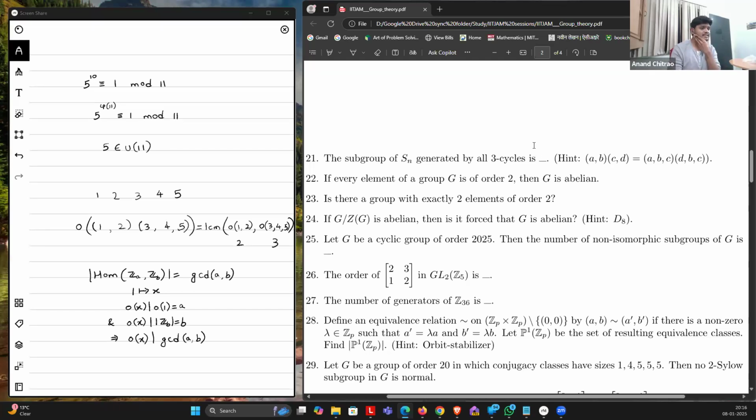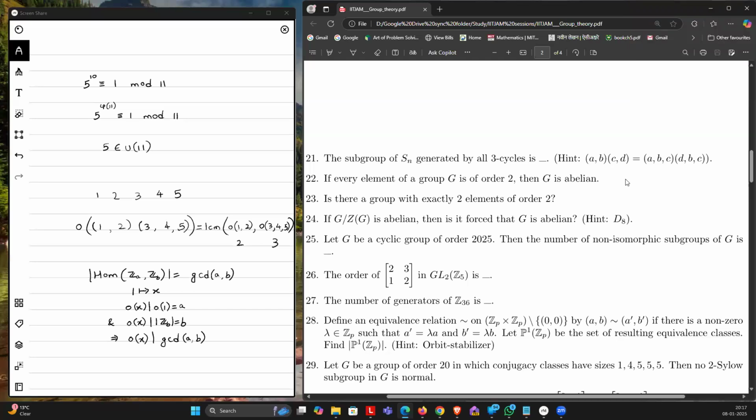Here's the hint, you can try to prove it yourselves: in An, you will encounter a product of an even number of transpositions, right? Yes, sir.